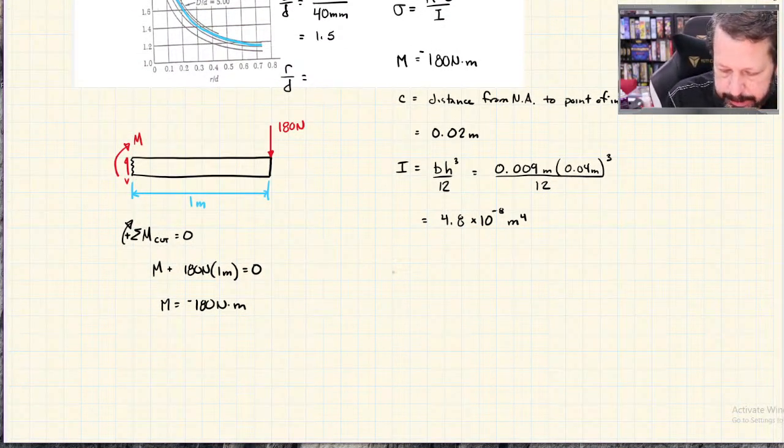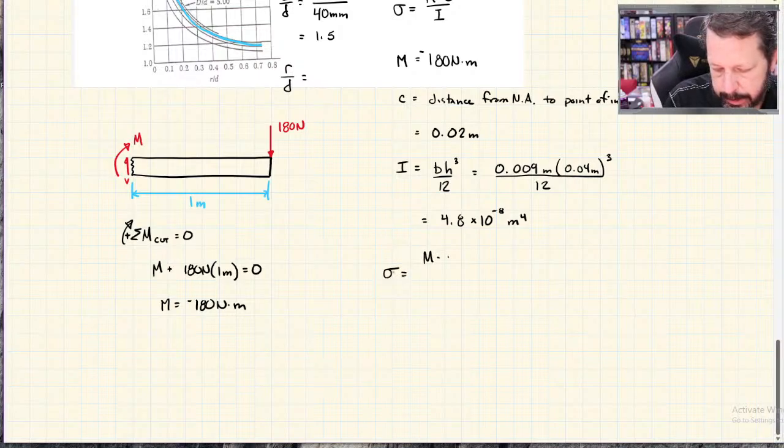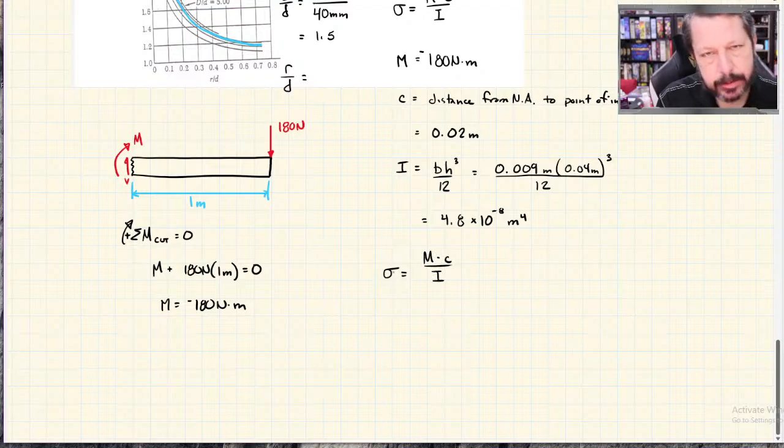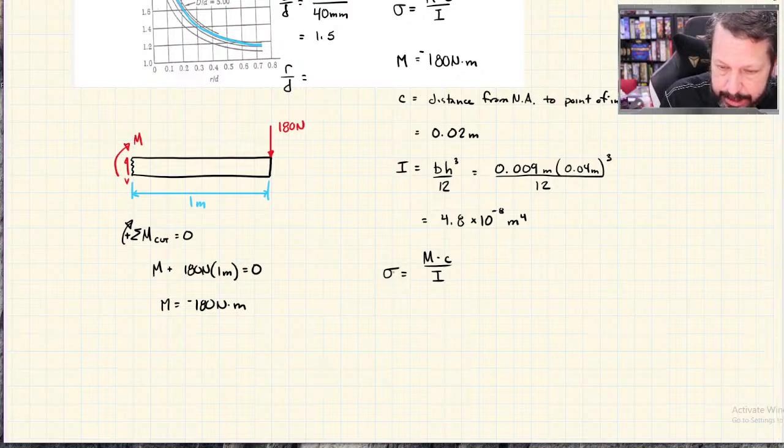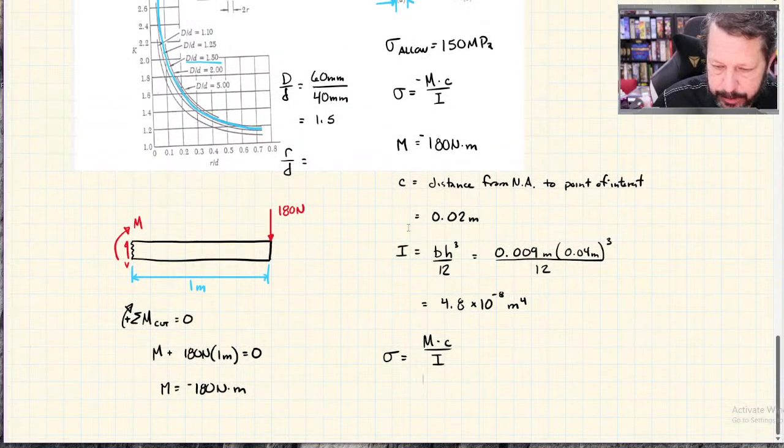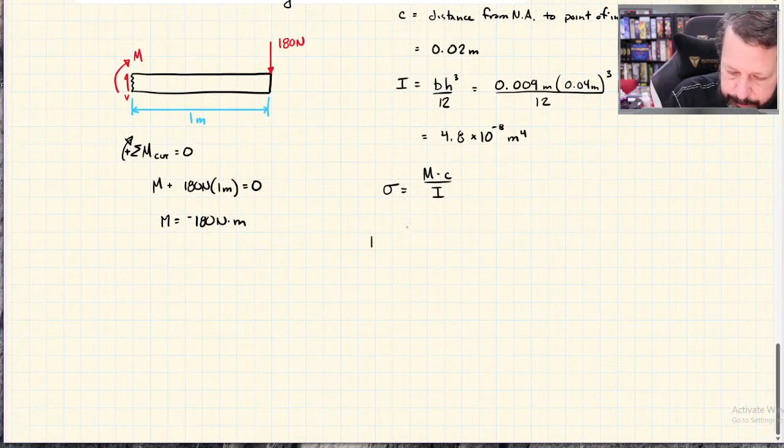So sigma, let's write it down. Sigma equals M times c over I. Sometimes we have My over I. c is just the largest value you can put in there for y. So they gave me an allowable stress, 150 megapascals. Oh, times K, because we do have the stress concentration factor.